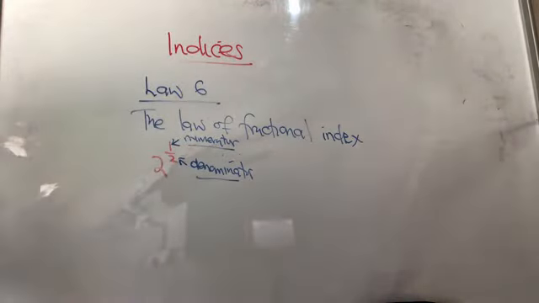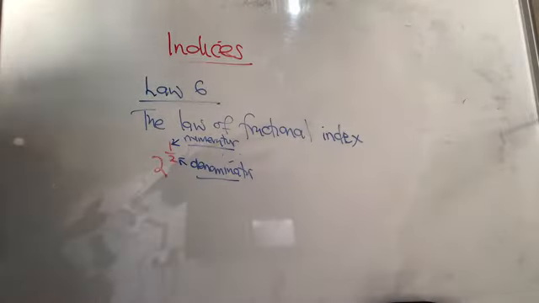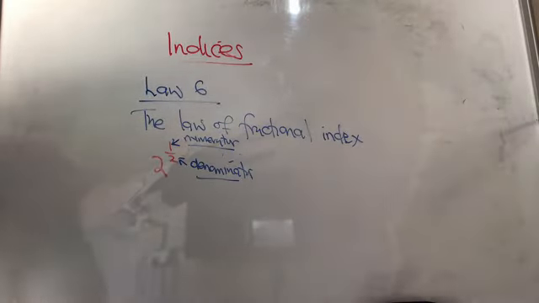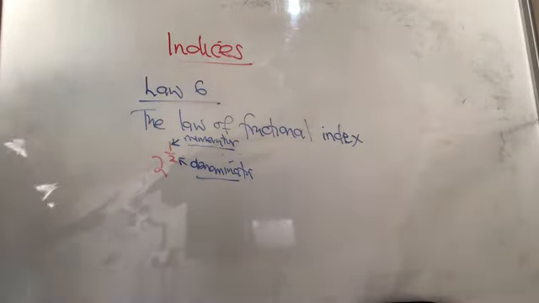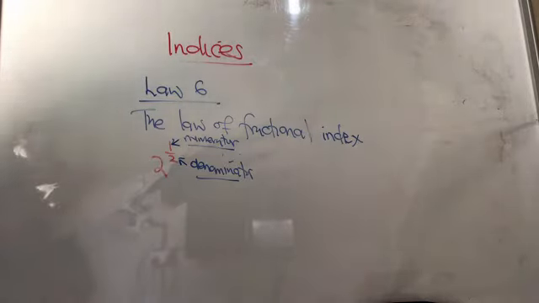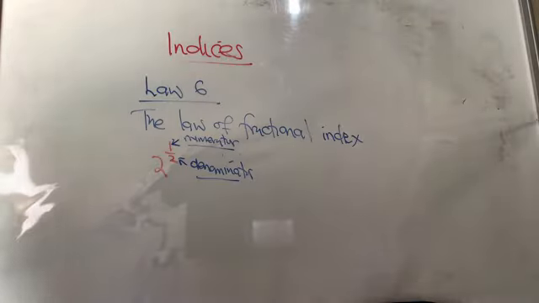So the main focus on law number 6 is the power. Okay? So the power bears a fraction. And just like I said about negative powers, when you are given a number or an index which is fractional, the main thing is to convert it or change it to become a non-fractional number.